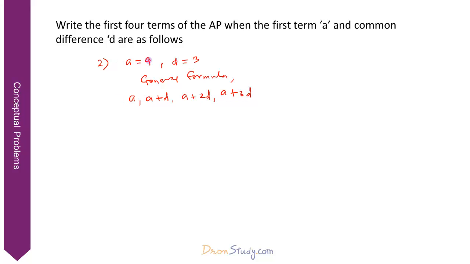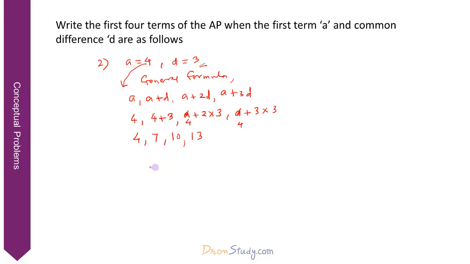So A is the first term, that is 4, so it will be 4, then A plus D, 4 plus 3, A plus 2 into 3 and A plus 3 into 3. So it will be 4, then this will be 7, 3 twos are 6, A is 4, and 6 and 4 is 10. Here again A is 4, 3 threes are 9, 9 plus 4 is 13.